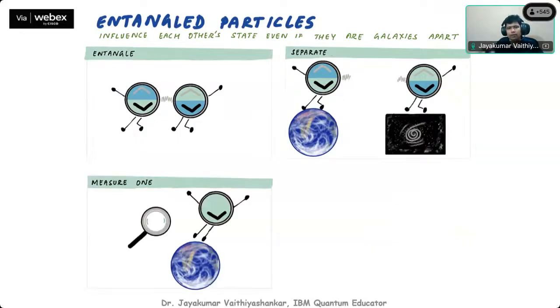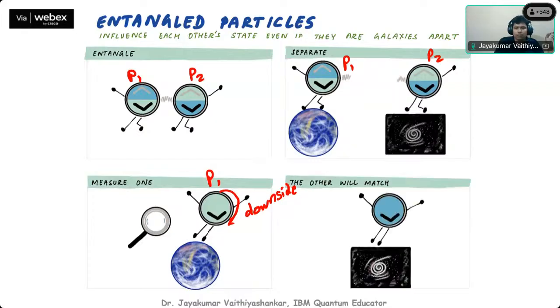Once you separate the quantum particles, whatever you do to one, let's say this is P1 and P2, photon 1, photon 2, you turn your photon to the downside. You turn your quantum particle P1 downside. What happens? P2 also matches. It is also pointing downside automatically.